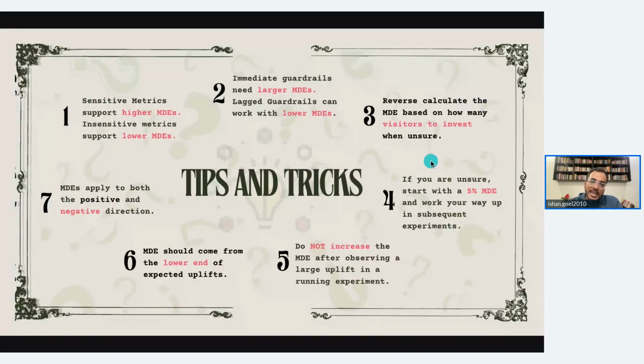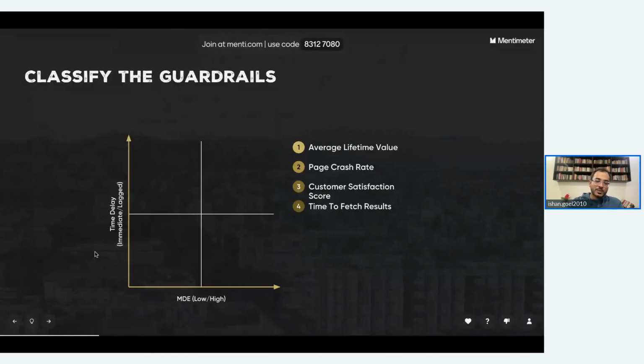Before I move next, I would want to share some puzzles with you. This one is slightly complicated, and it is on guardrails. I've given 4 metrics, and I want you to classify these into whether they need a lower MD or a higher MD, and whether they have an immediate impact or a lagged impact.